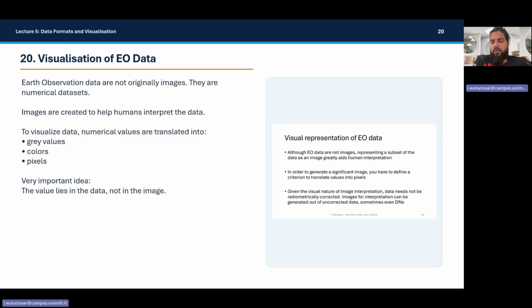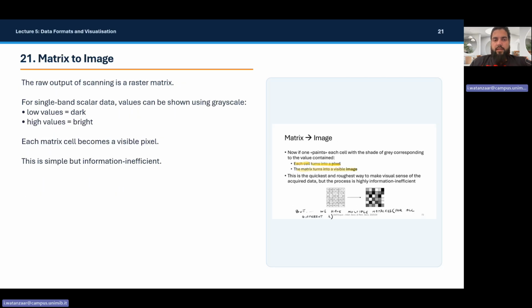The values from which we are converting into gray levels or colors or pixels lie in the data which we have observed, not in the image. The image is reconstructed from these values, or numerical data sets. This is more commonly misunderstood, that what we are sensing is directly the output of images. No, it is exactly the numerical data sets we are collecting.